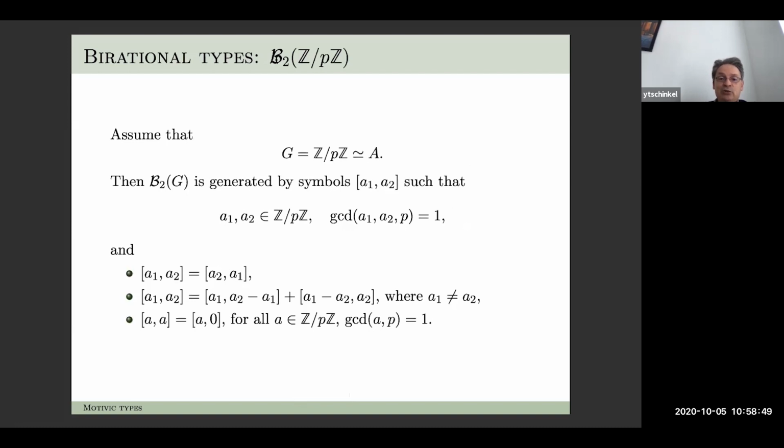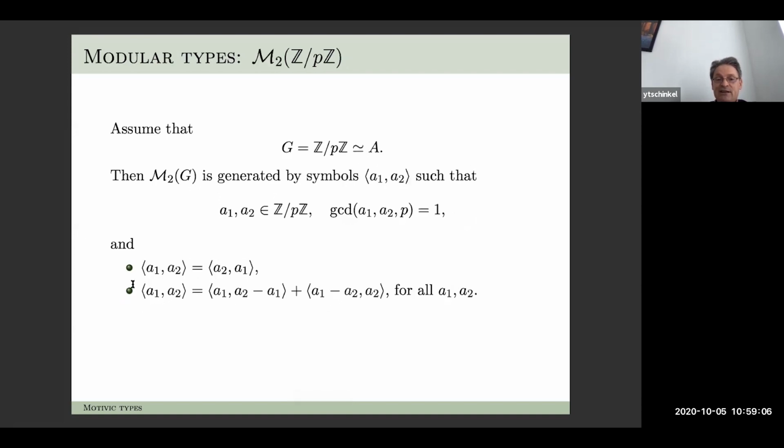For B2, let's say cyclic group Z mod P. Then we look at symbols a1, a2, with gcd(a1, a2, P) equal to 1, with this kind of condition that I mentioned several times. And the angle bracket is the same. And the only difference is here in red that I also mentioned: a plus a is a0, or a plus a is 2a0.